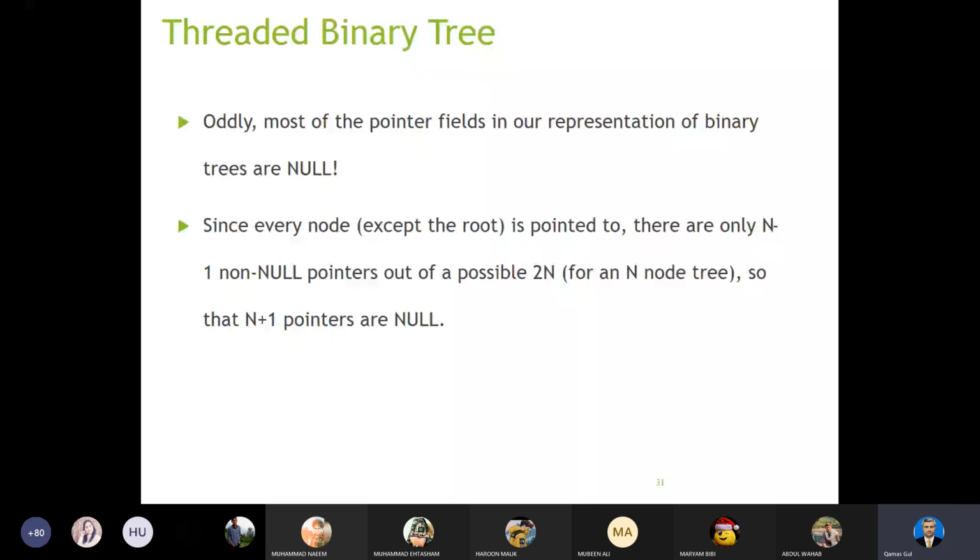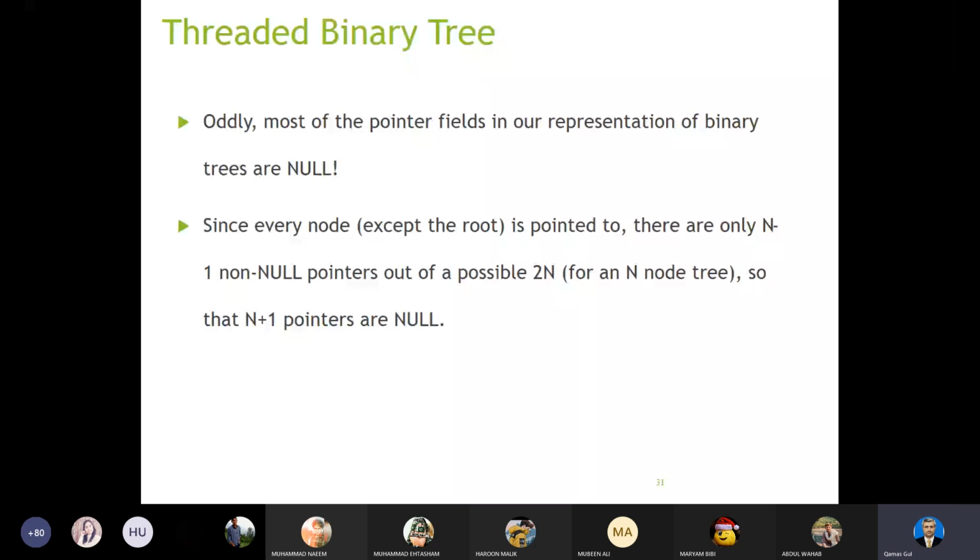So there are n plus 1 null pointers available in every binary tree. If you convert it into a C++ program, then there will be n plus 1 pointers available and they are null pointers. So you have to utilize them.